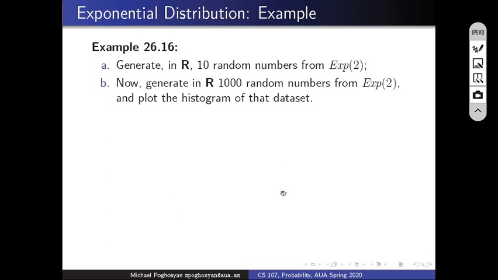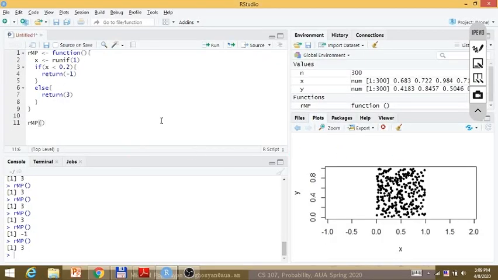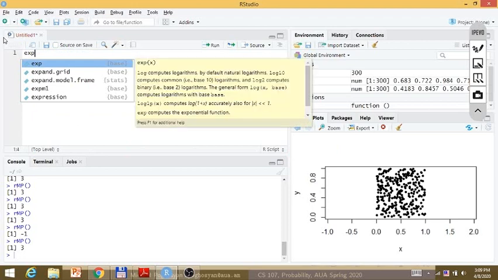Now, with R, generate 10 random numbers from exponential 2, and then do that for 1000 or maybe more random numbers, and plot the histogram of that data set to see how many numbers are in each of the intervals, the bins. So let's go to R. The exponential distribution name is just exp.